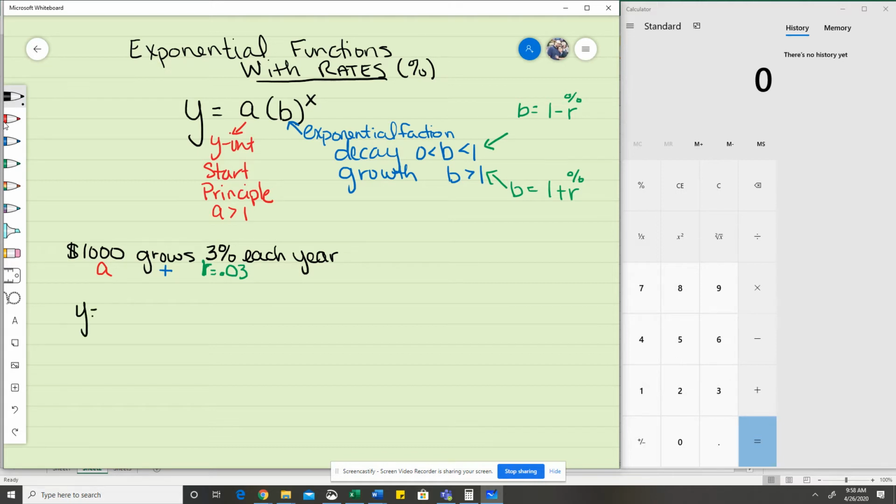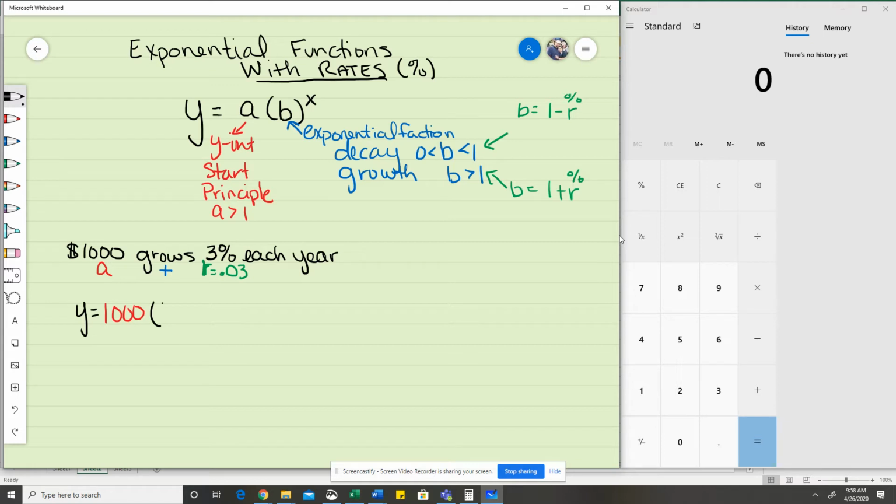Okay. Well, here's where all that's going to fit into the equation. So y equals 1,000 times, remember over here with our b value, both of them said 1 minus or 1 plus, depending on whether it was a growth or a decay.